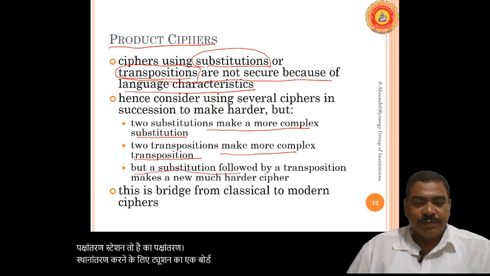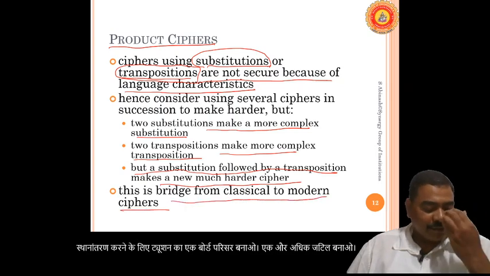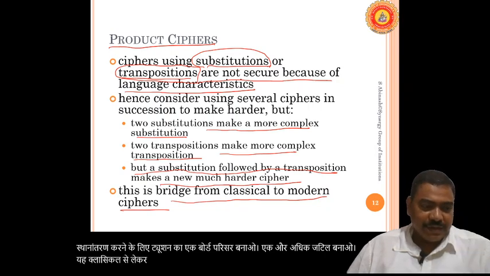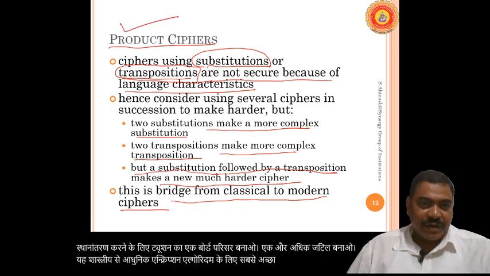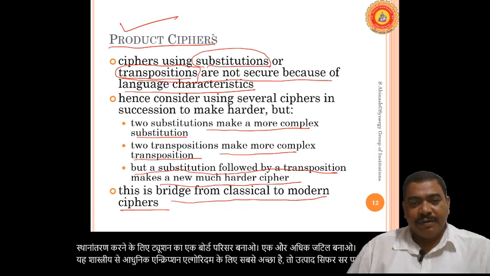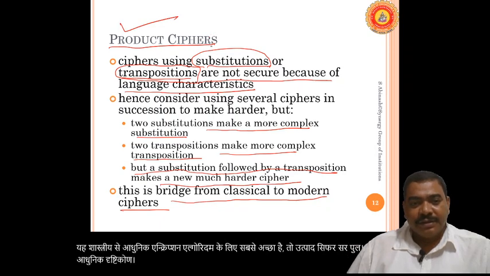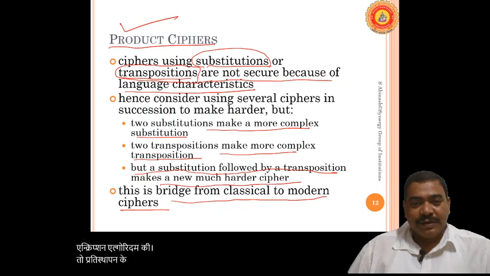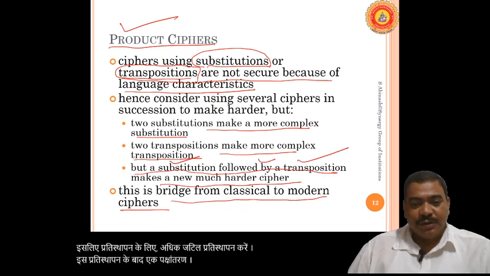But a substitution followed by a transposition makes a new and much harder cipher. This is the bridge from classical to modern encryption algorithms. So the product ciphers are the bridge, the modern approach of encryption algorithms.